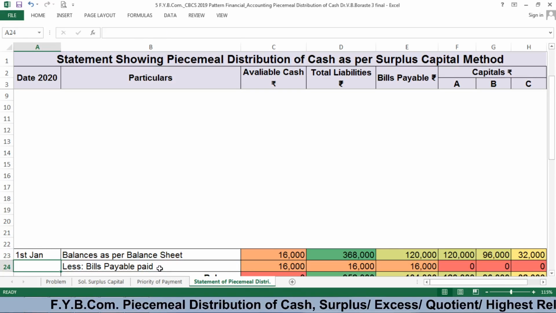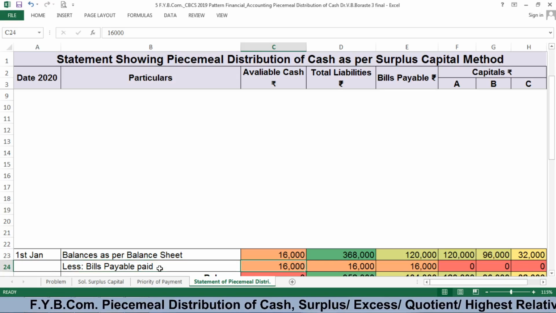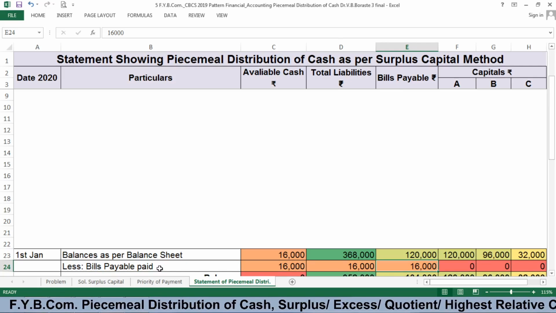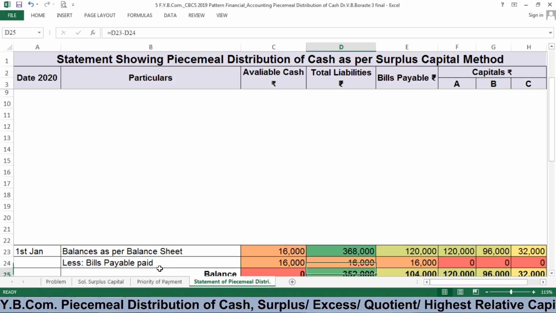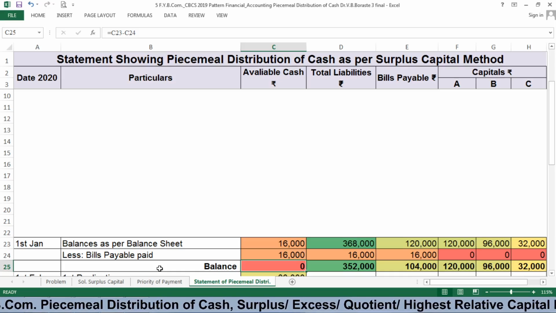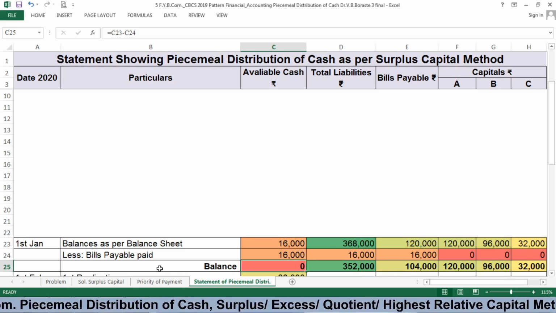So in this stage, less bills payable paid. So 16,000 cash will be reduced, 16,000 total liability will be reduced, and 16,000 bills payable will be reduced. In the next step you can calculate the balance.